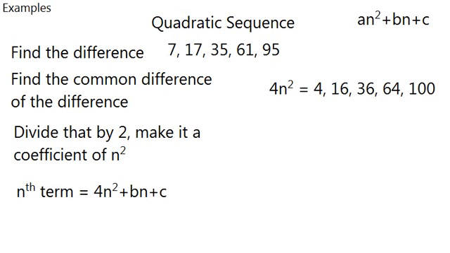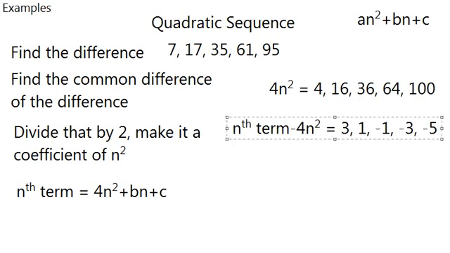We'll get that nth term minus 4n squared is equal to this: 3, 1, negative 1, negative 3, and negative 5. And so now we need to find out what this whole expression, bn plus c, is.